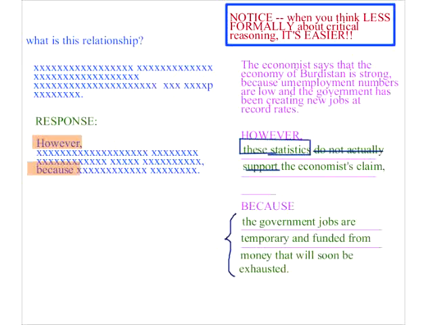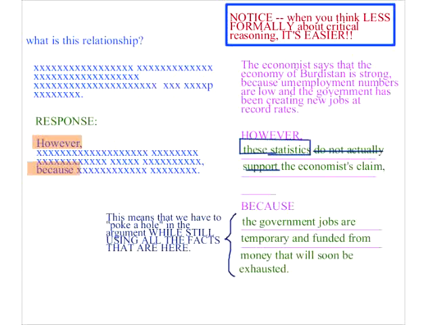So we have to poke a hole in the argument, so to speak, while still accepting the facts here as true. You don't have to use them all, but you cannot contradict what is written up there.